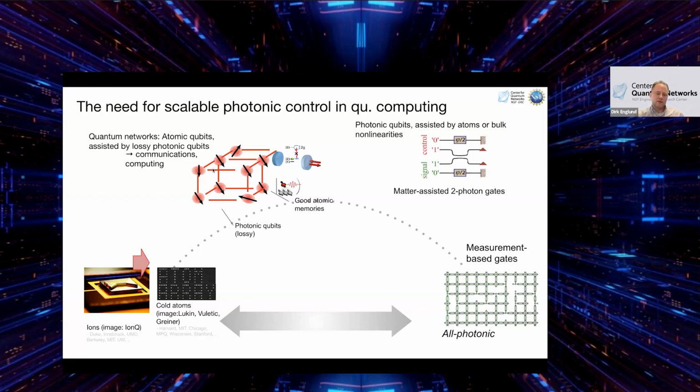And the color frequency of these optical channels is largely dictated by the atomic transitions of the atomic memories, because that is how the atom is an interface between the electrons that are in their outer shells and the optical field, by the resonant interaction between the electronic transitions and the optical fields.